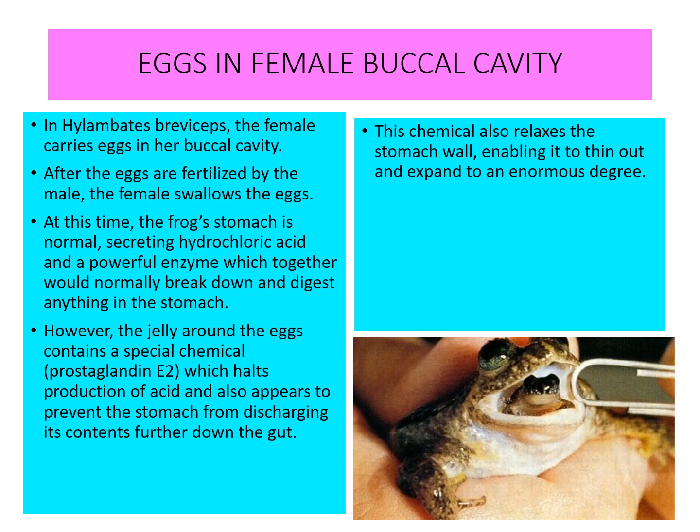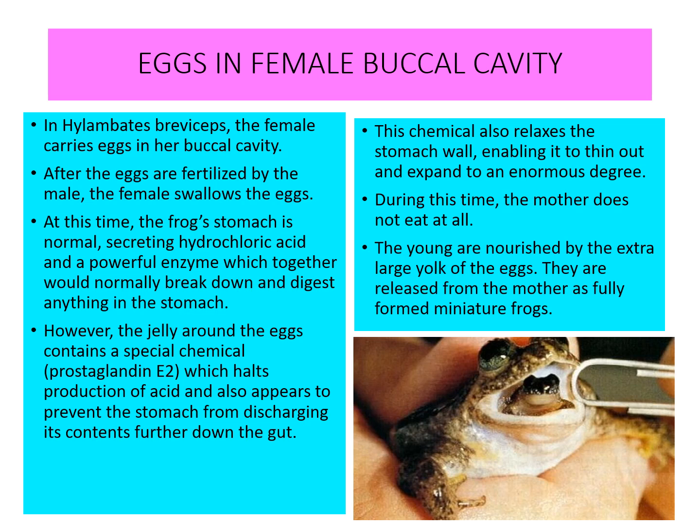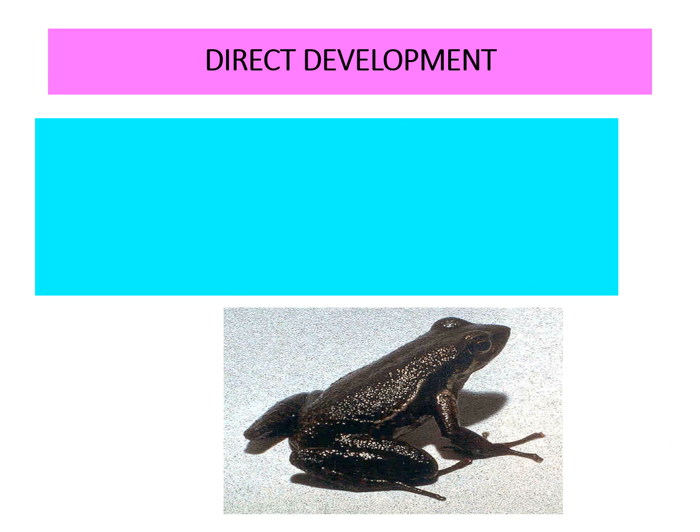This chemical also relaxes the stomach wall, enabling it to thin out and expand to an enormous degree. During this time, the mother does not eat at all. The young are nourished by the extra large yolk of the eggs. They are released from the mother as fully formed miniature frogs.